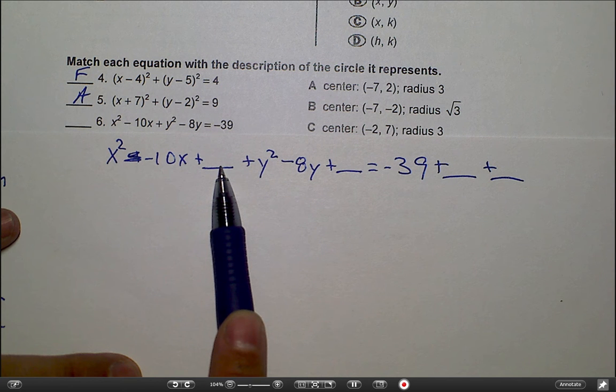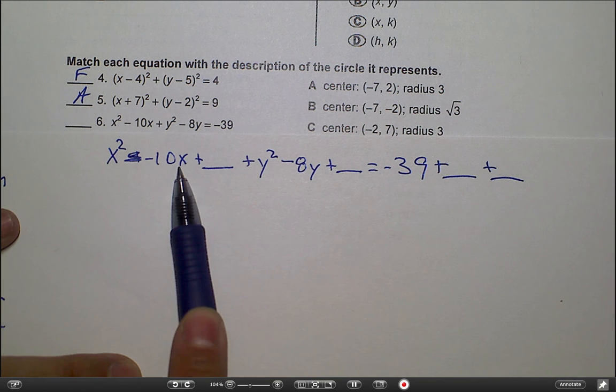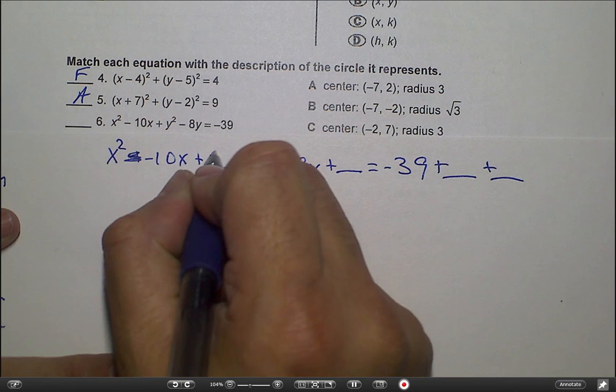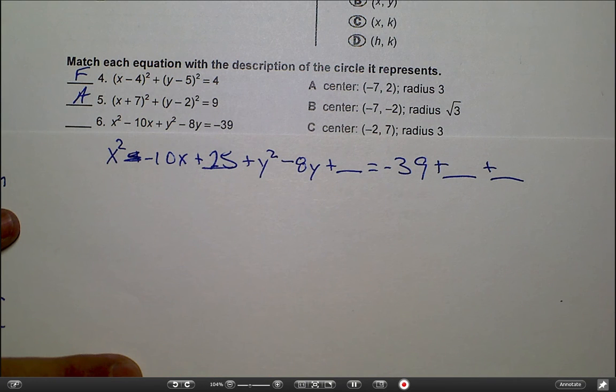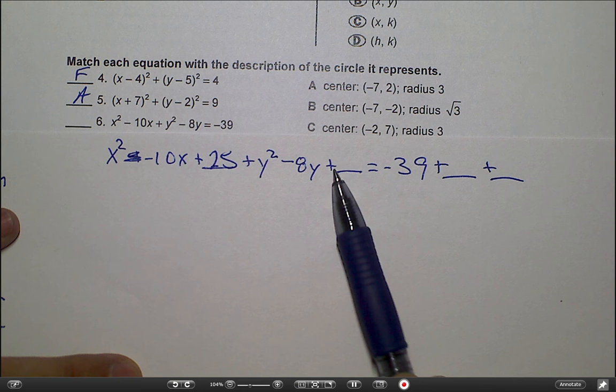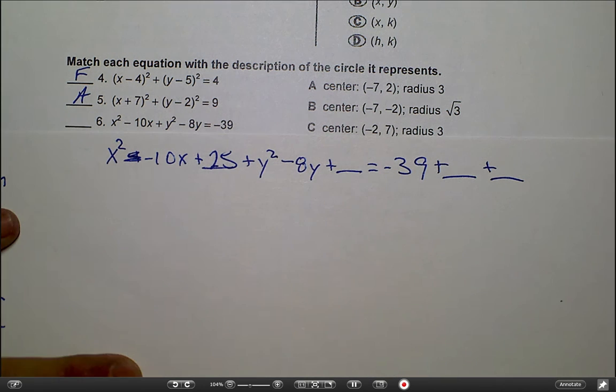25. What's the letter B? -10 divided by 2 is -5, and then I square it, which is 25. Alright, let's do it again for the y's. What does this one have to be? -4, and then square it, 16.